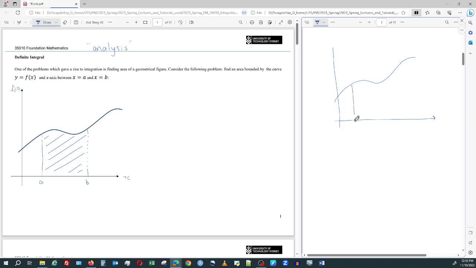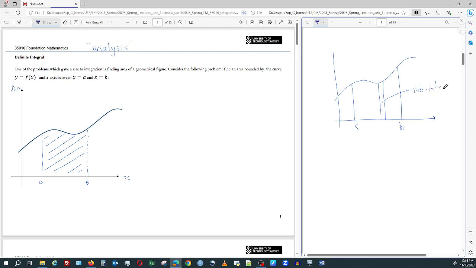So if we've got our interval A and our interval B, it seems to me that we can divide up a particular interval and we can name that as a sub-interval. So we've got our outside interval between A and B, and then we've got a sub-interval.